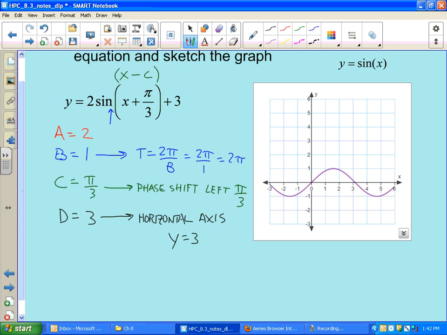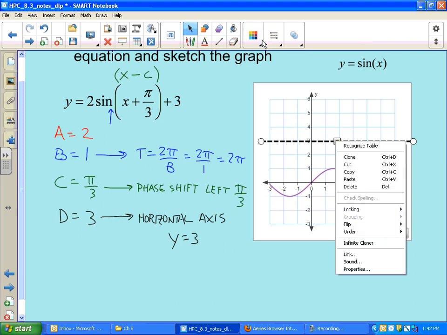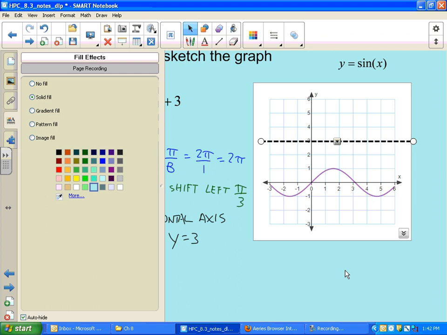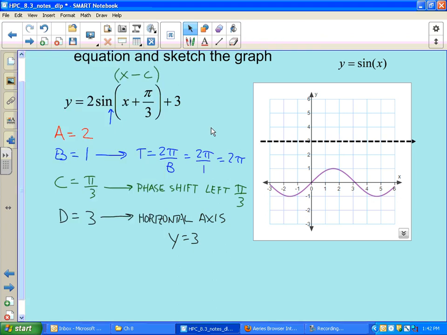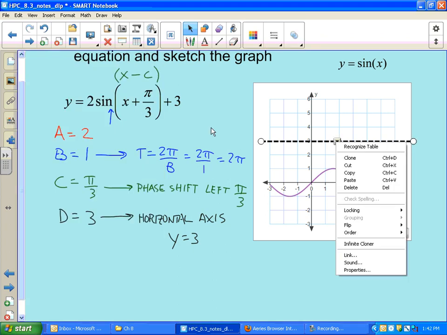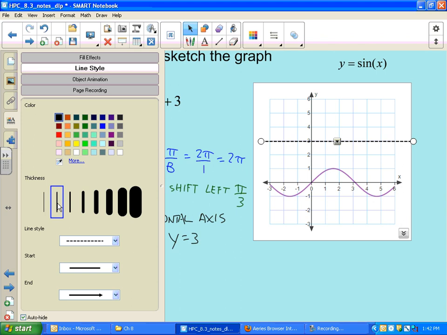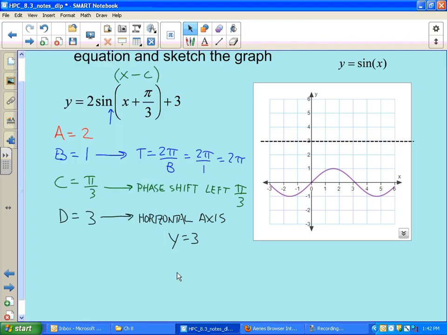We have a horizontal line going. There's the center of this graph horizontally. So there it is, center of the graph. So that means that above the graph, 2. Below the graph, 2. Why am I using 2?